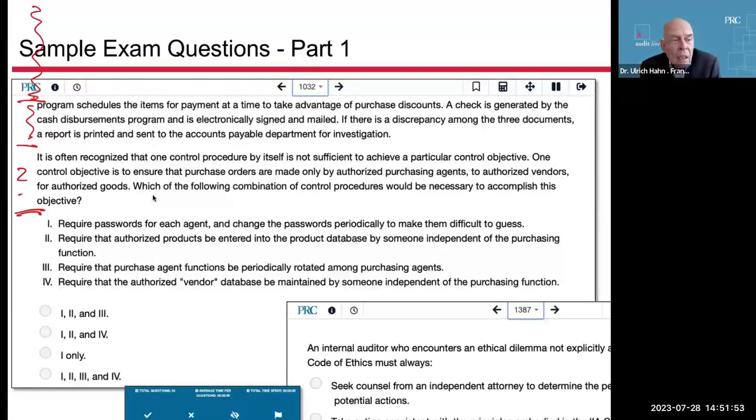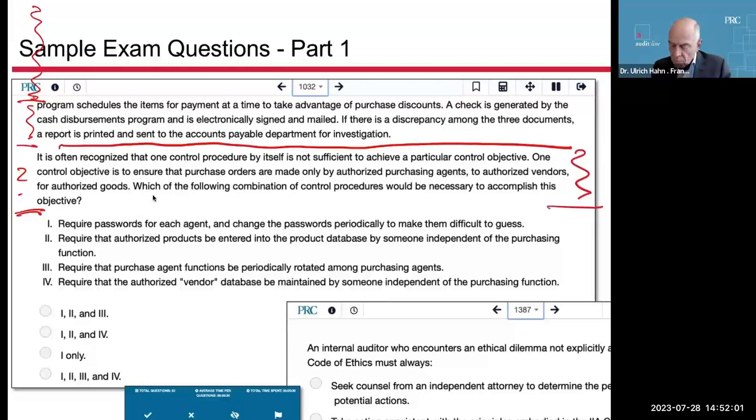What they often have is something like a case, and then they have different questions. So it may be that you have one of these cases, and then you sometimes get 1, 2, 3 questions related to it. It's always the case and then the question, because the question has to stand alone.